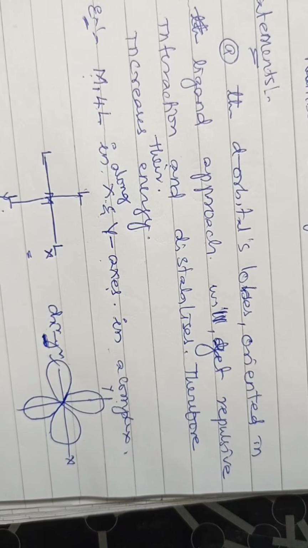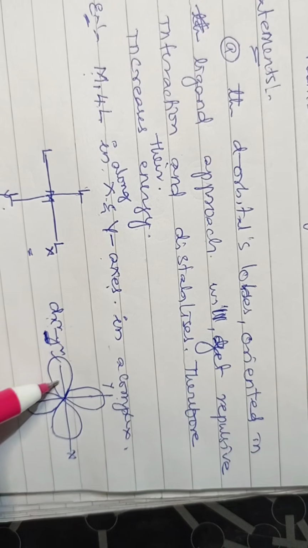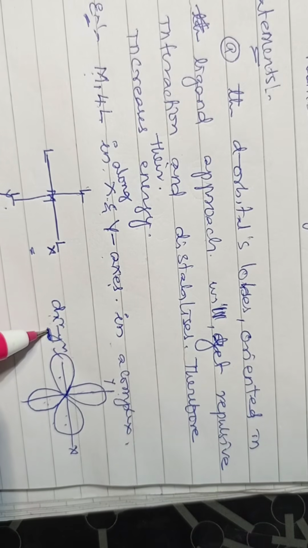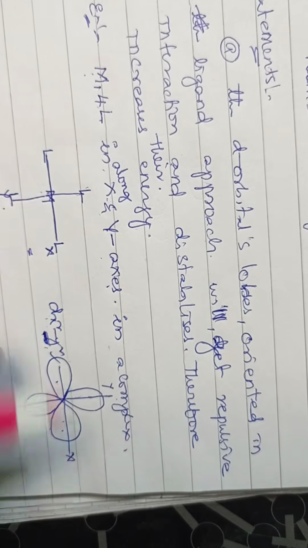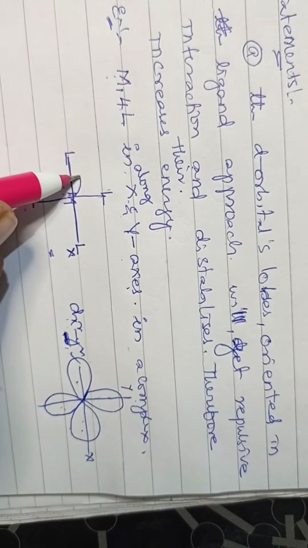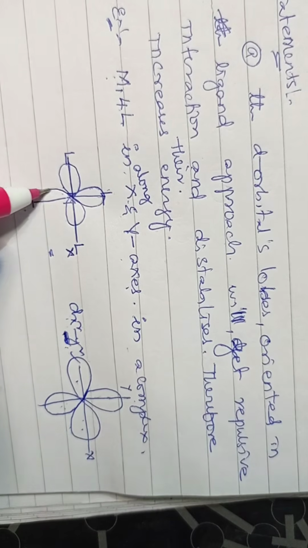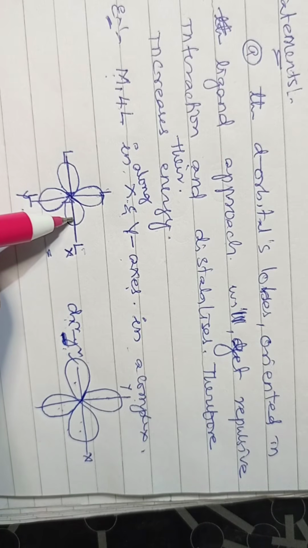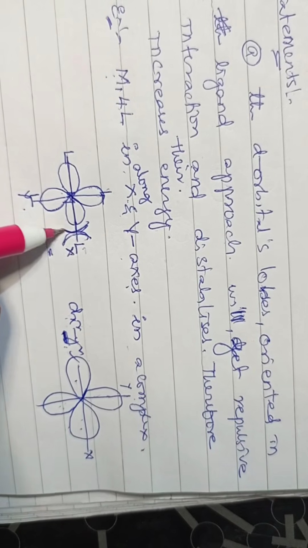As per d orbital structures, dx square minus y square has 2 lobes along the x-axis, 2 lobes along the y-axis. So when we incorporate the same structure here, what happens? The negatively charged ligands and the electrons of dx square minus y square get repulsive interaction.